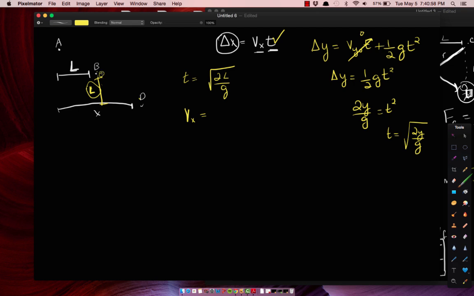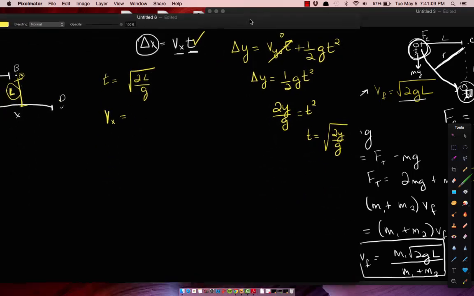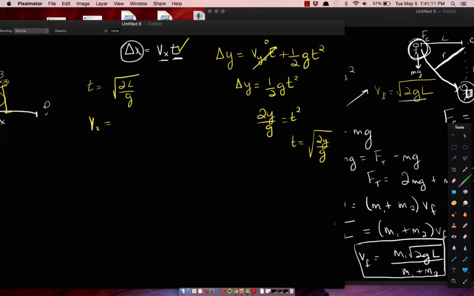If we take the final velocity here, it's going to be only the velocity of the person, but we want to take the velocity of both the person and the rock. So we're just going to copy the final velocity we found in that part, and that's equal to the square root of m2 g L all over m1 plus m2.